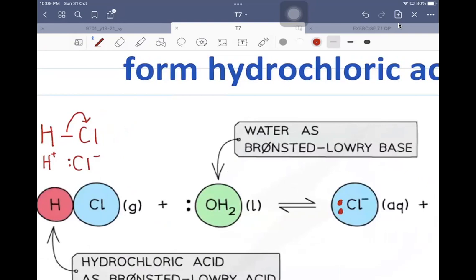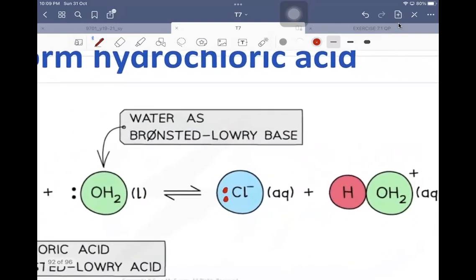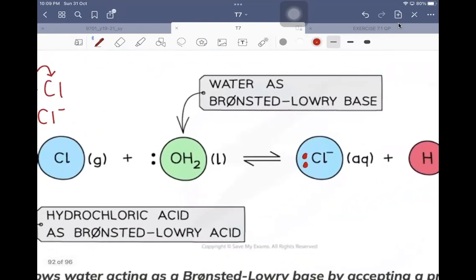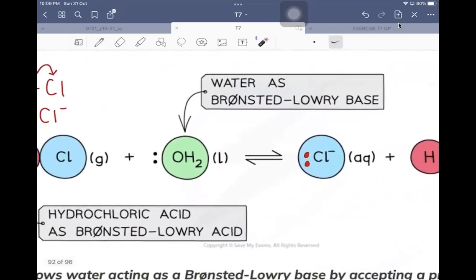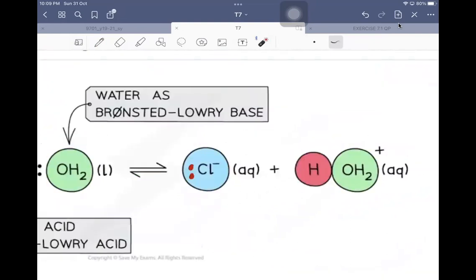And then look at water. Water is H2O with the lone pair on the oxygen. Now water accepts the H plus. So if water is a neutral molecule, H2O, plus a H plus, it becomes H3O plus. This came from acid, which was your HCl just now.